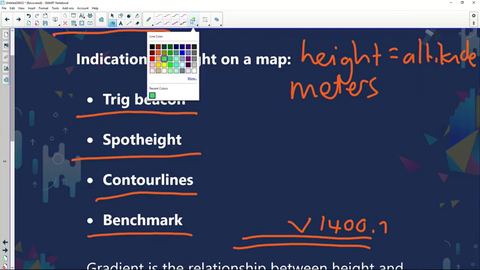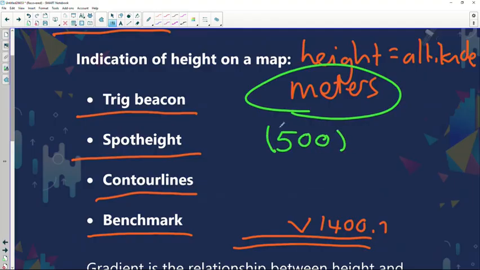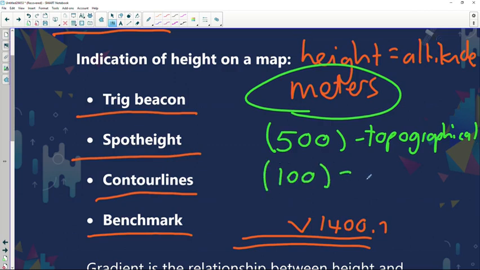Very importantly, coming back to our measurement of gradient and height on a map, as you can see, it's always expressed in meters. My first tip to you: if you calculate distance on a topographical map, you multiply it by 500. And if you calculate distance to get your answer in meters on an orthophoto, you multiply it by 100.